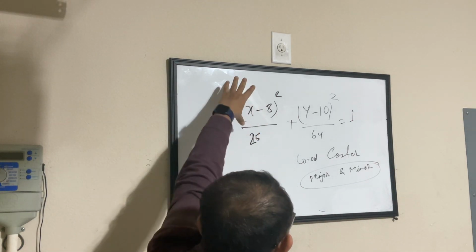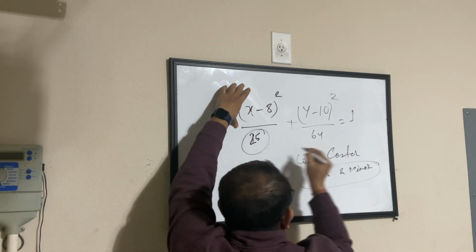So again, this is your a square, this is your b square.